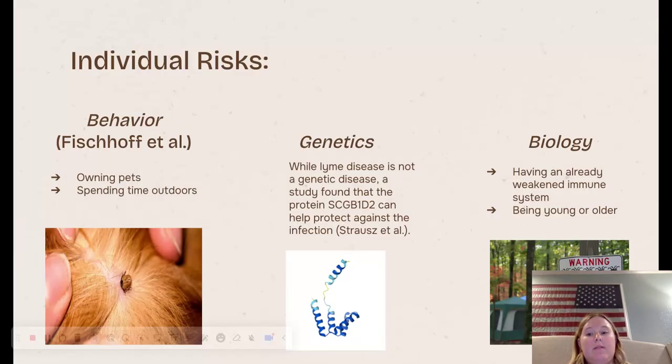In a study done with Finnish and Estonian individuals, the protein SCGB1D2 that is found in our sweat glands has been shown to slow the growth of Lyme disease, and this is the body's natural defense mechanism. Scientists and researchers are using this information to help with further research for developing a cure.